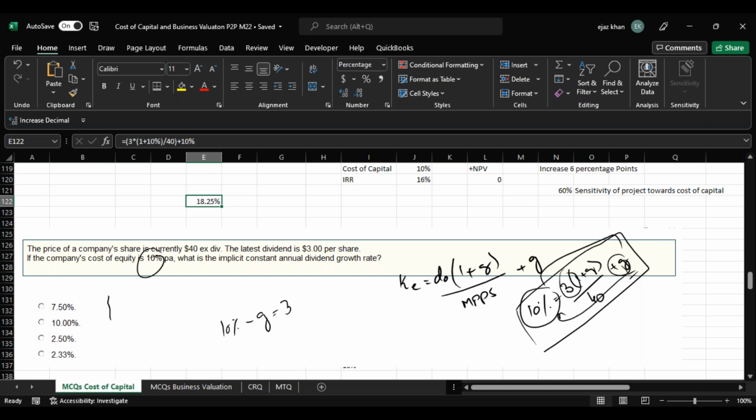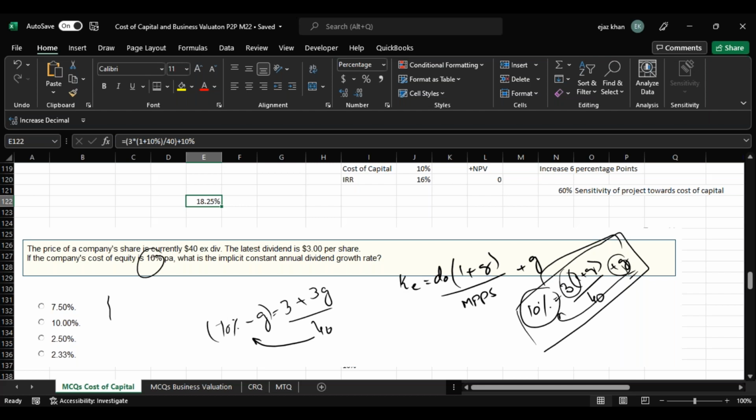See, if you open the bracket, it will be 3 plus 3G, right, divided by 40.